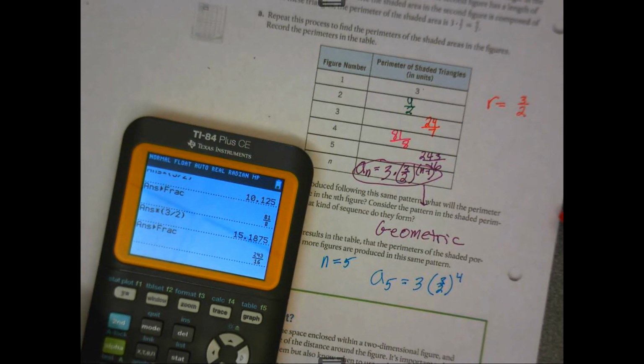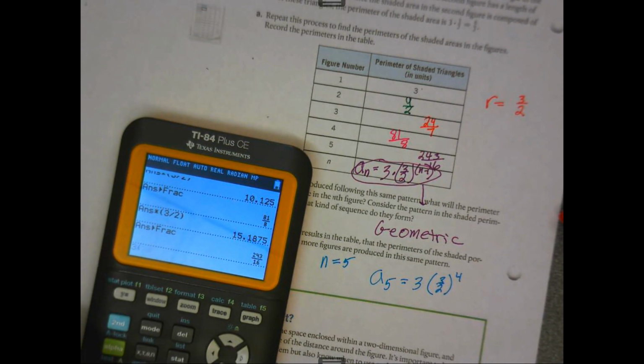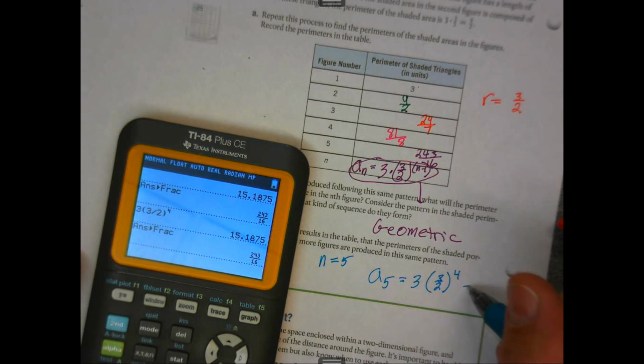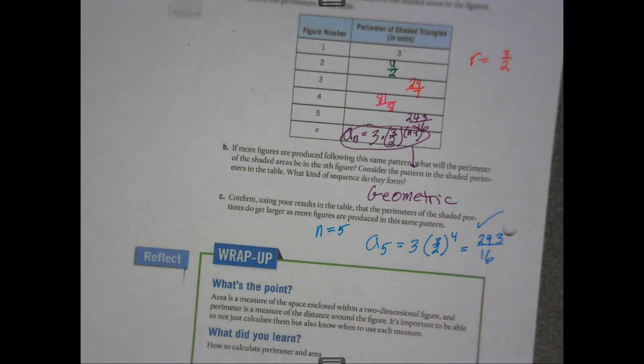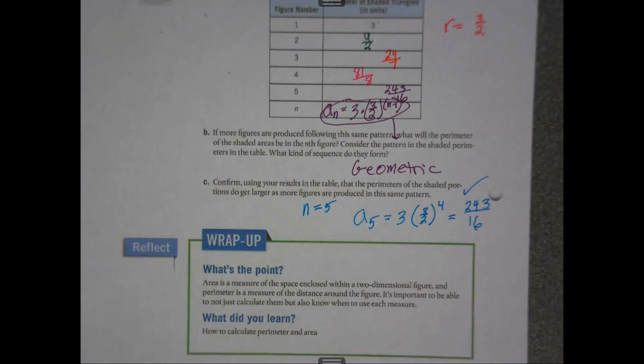Plug that into my calculator. Hit math, enter, and I get my 243/16. And it checks. And that's it for 1.16. That should give you enough to do your homework.